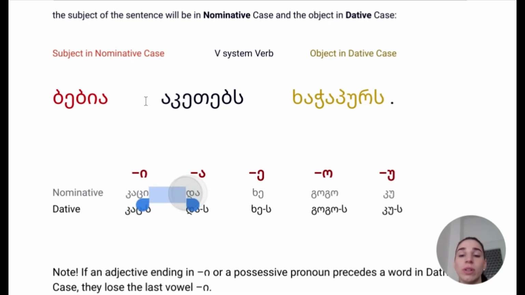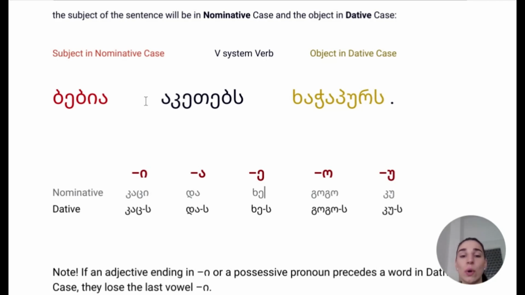The next word is da. Da means sister, and it also ends with a vowel, right? It could be deda, it could be tsma. With other vowels, nothing happens. You just have to add S, right? Da becomes das. Che, which means tree, becomes ches.